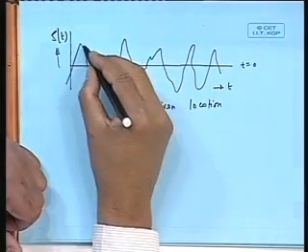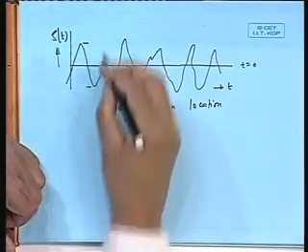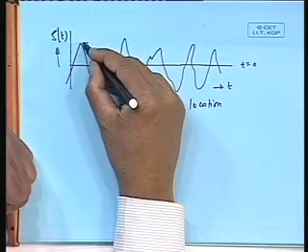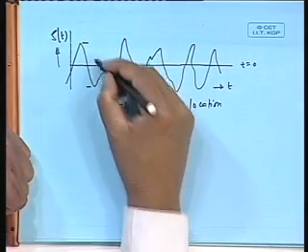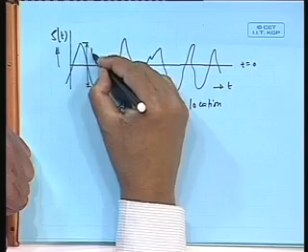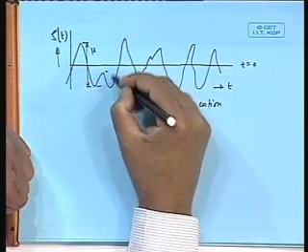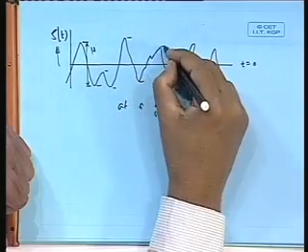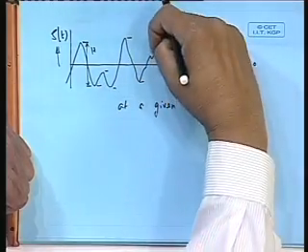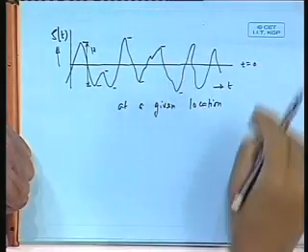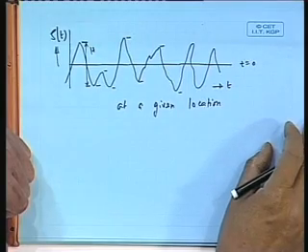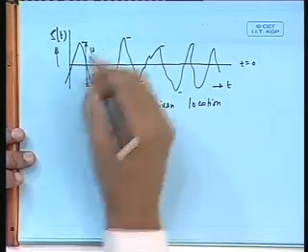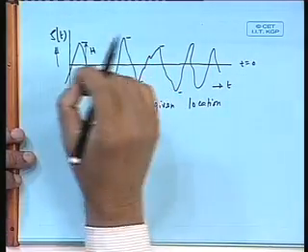Now, what happens here? We will call this successive crest to trough as H, again here this to this as H. Like that, there are a number of pairs of H. If you take each crest to trough, then you end up getting a number of heights. So it is not a constant height. That height itself is random in nature.